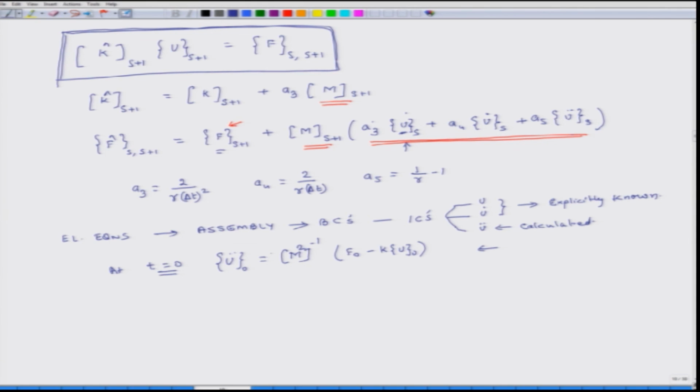I plug these values, the u, u dot and the acceleration, into this equation, and then using that approach I find u1 in terms of u0, u0 dot and u0 double dot.